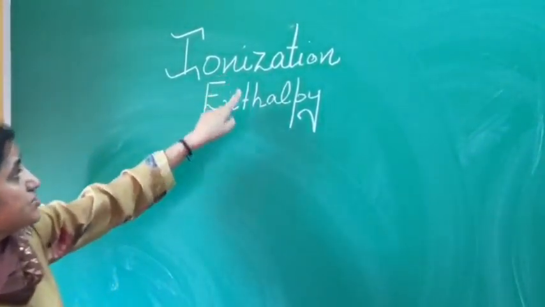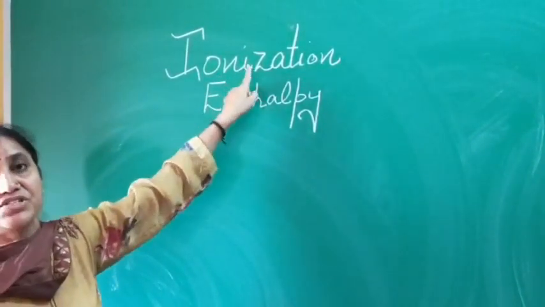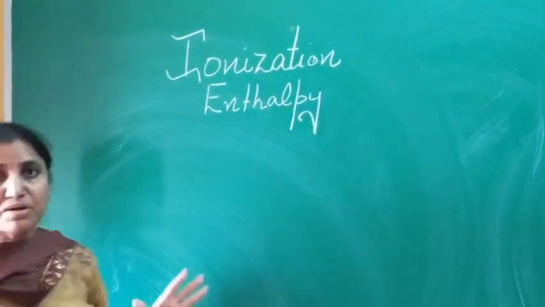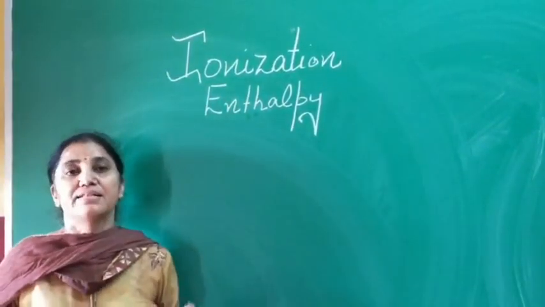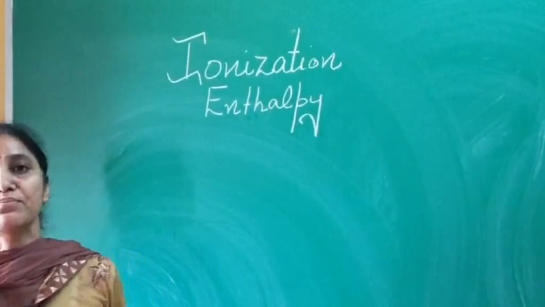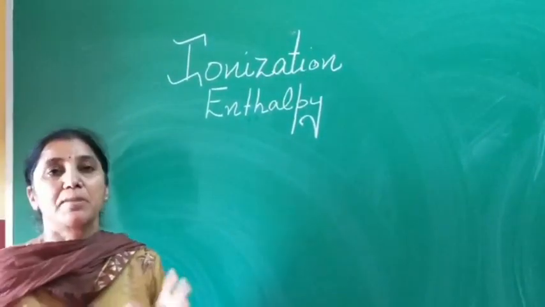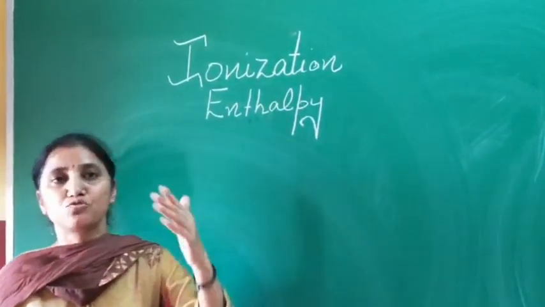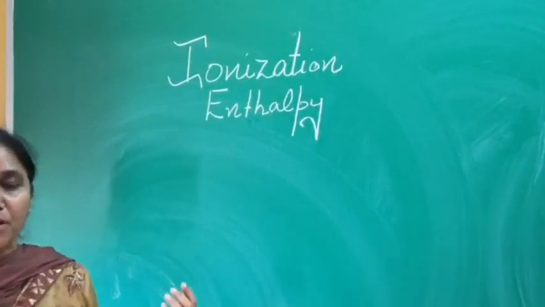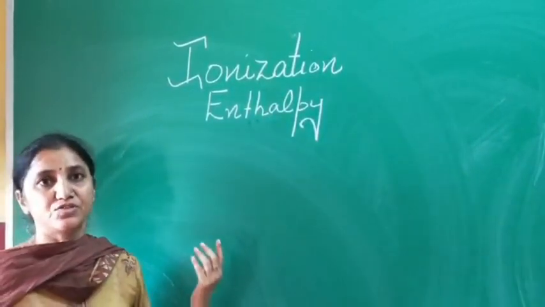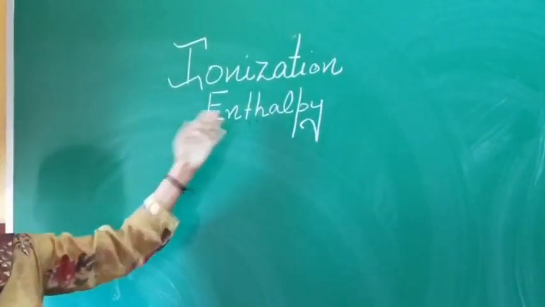So the ionization enthalpy or ionization energy is the minimum amount of energy that is used to overcome the force of attraction between the most loosely bound electron and the protons. That is known as ionization energy.